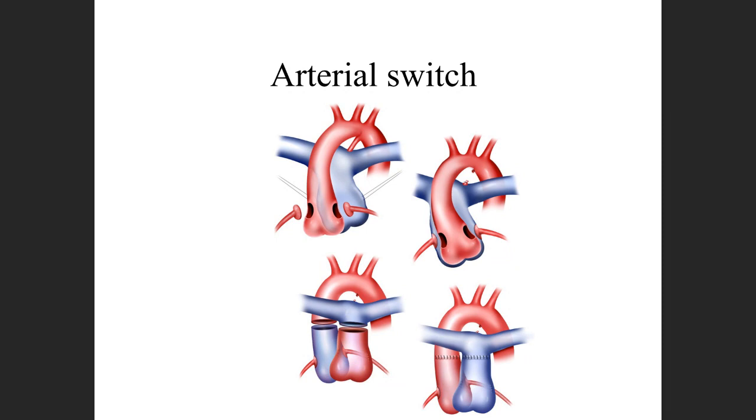They're muted now. Okay. So that's transposition of the great arteries. And you should remember that transposition of the great arteries is the commonest congenital heart defect leading to cyanosis in the newborn period, whereas tetralogy of Fallot statistically is the most common cyanotic congenital heart disease.